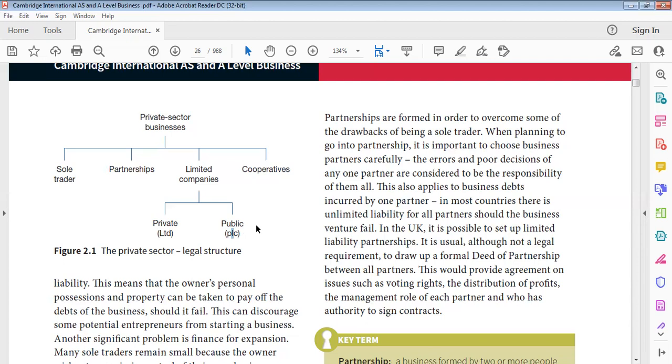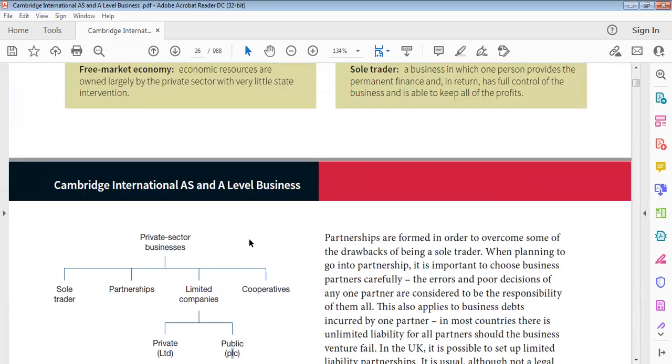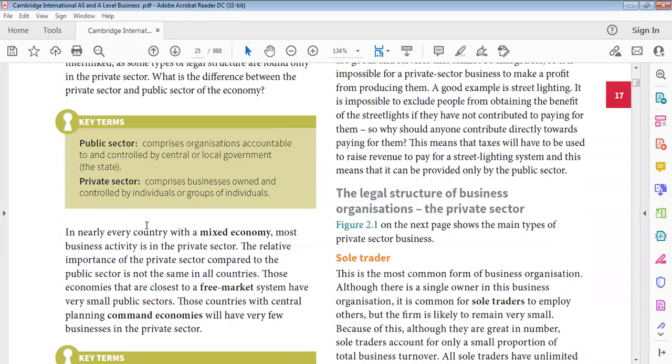So remember again, public limited company and public companies are not the same. Usually in most cases, public companies are actually called public sector companies. So basically, if you just hear the word public company, you can say it is owned or controlled by the government.